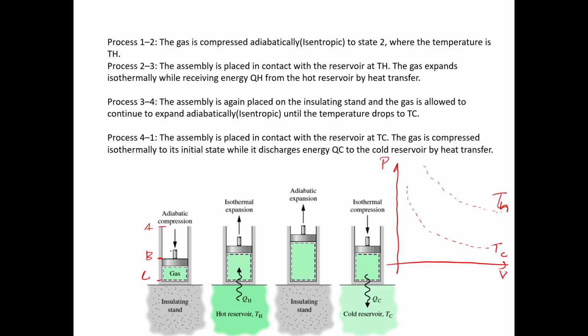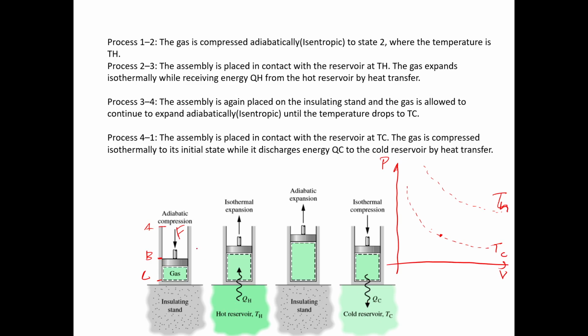Now assume our piston is in position B and we have gas here. What we're going to do is apply a force and compress it. At point B our temperature is TC, the temperature of the gas at the beginning of the compression, equal to the temperature of the cold reservoir.